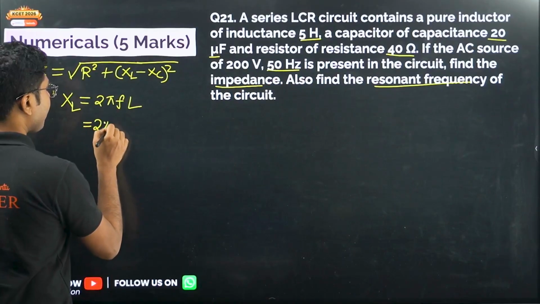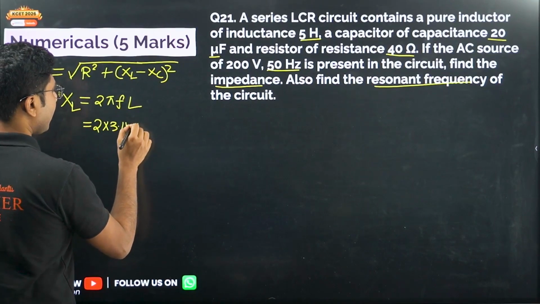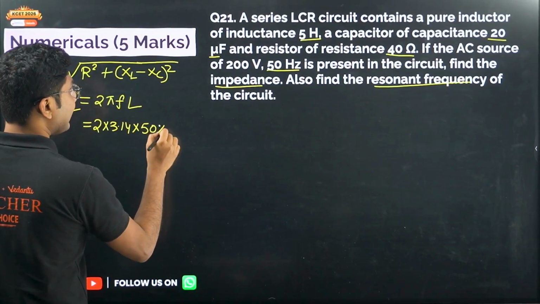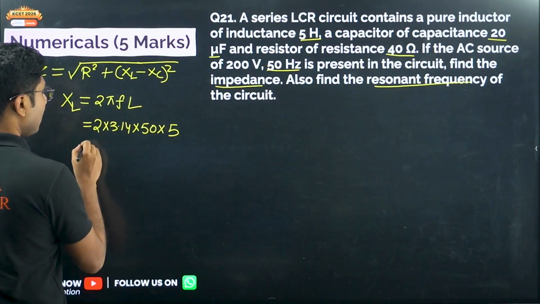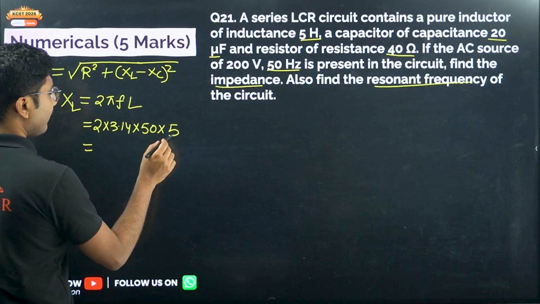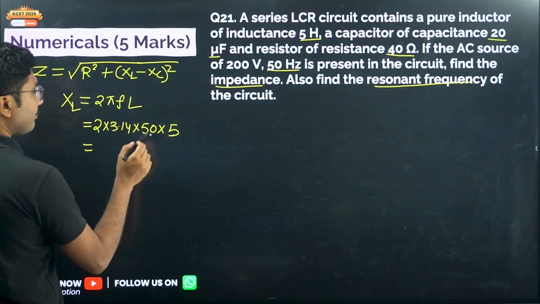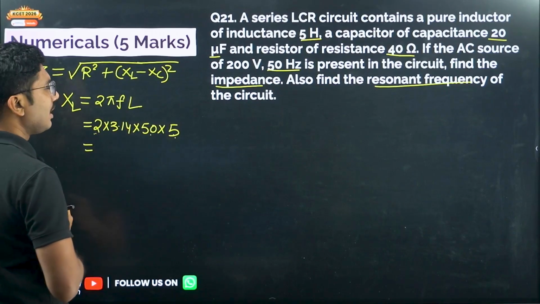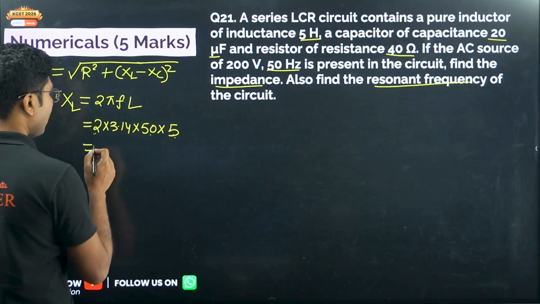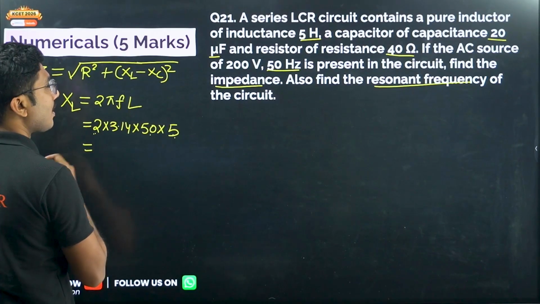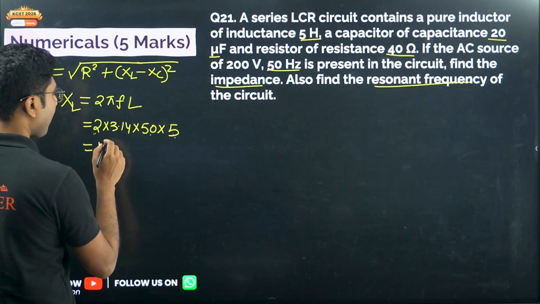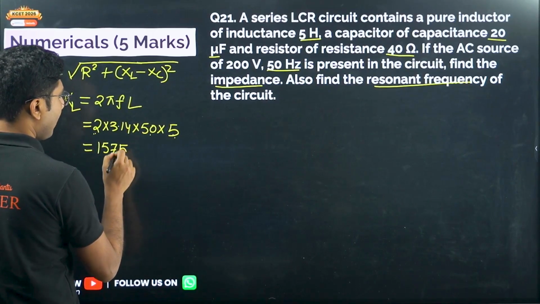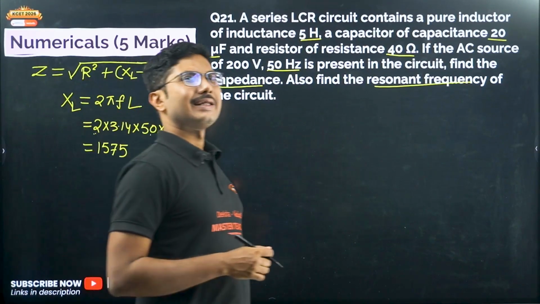So 2 into 3.14 into F which is 50, into L which is 5. Okay, so 50 into 5 is 250, 2 into that is 500, and 500 into 3.14 will be 1500 something. 1570, or 1575 if you take 3.15.